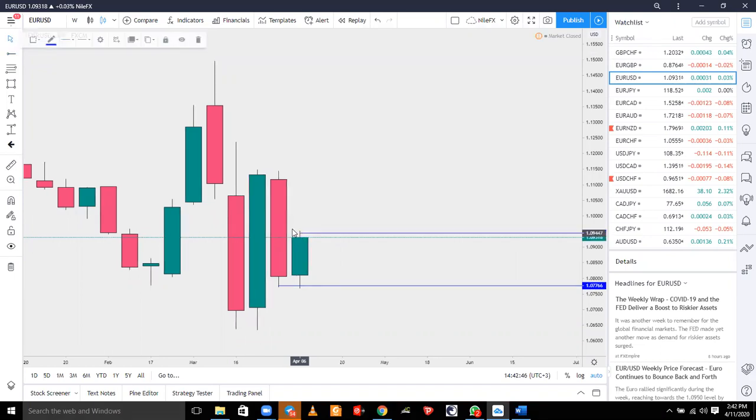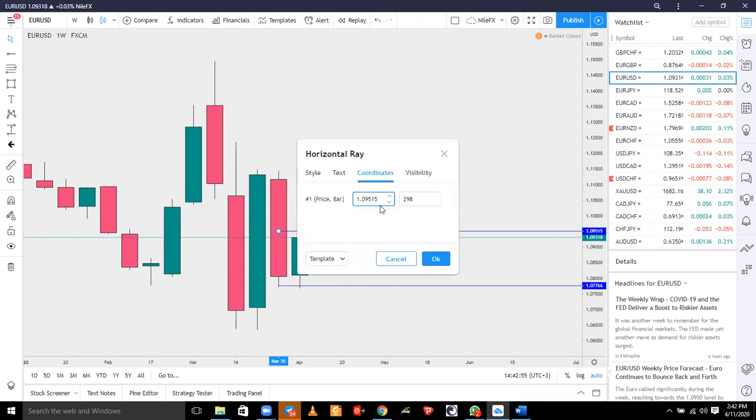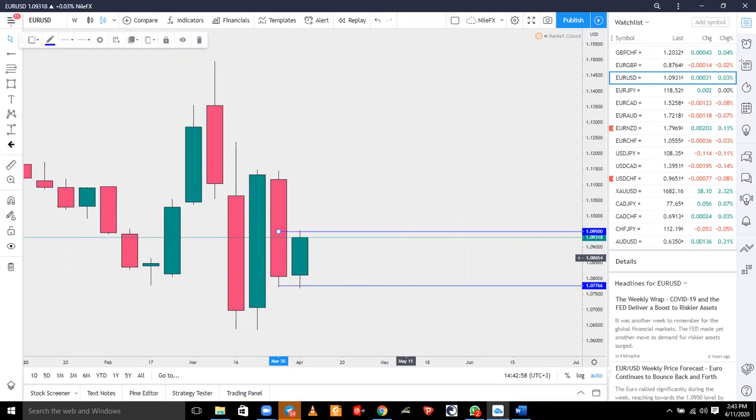Since the body and the wick are not so far from each other, my focus now is very simple. Since I'm already bullish on this market, all I'm trying to wait for is a clear break and retest of this zone.